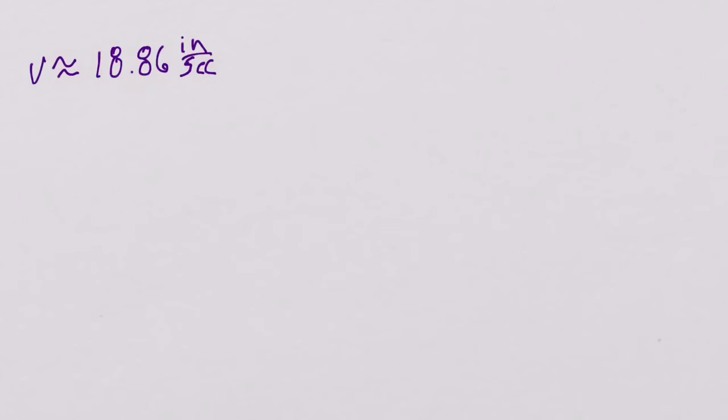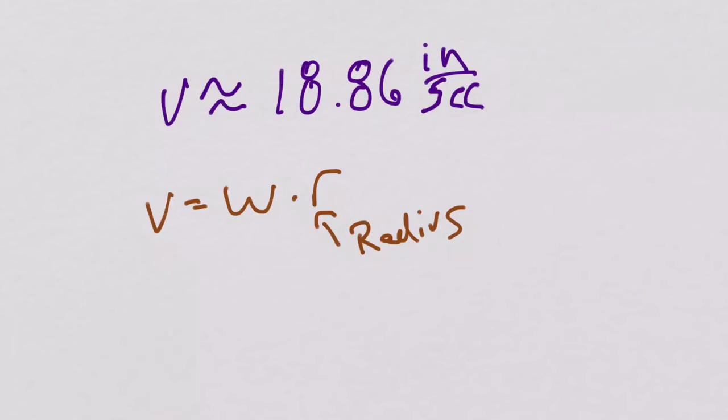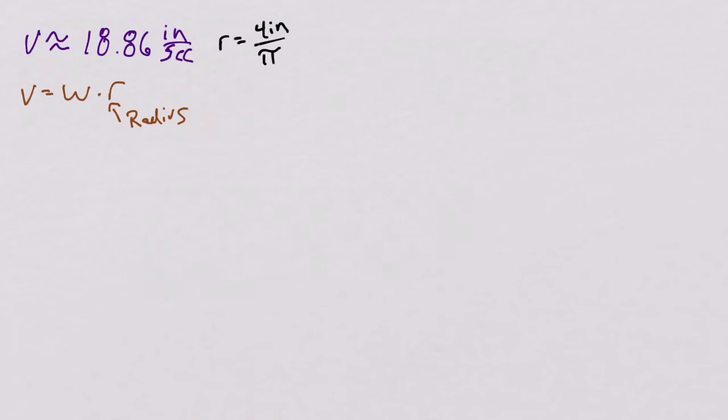Our formula for angular velocity is v equals omega times r, and this time it's the radius. So we know our radius from over here, let me copy and paste it over. This is my radius. Our radius is 4 inches over pi, and our velocity is 18.86 inches per second.